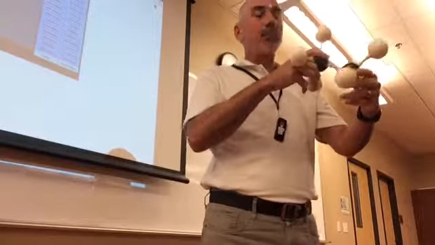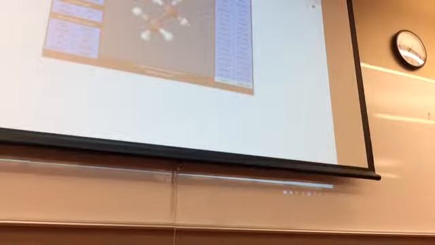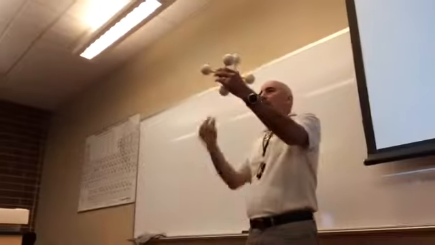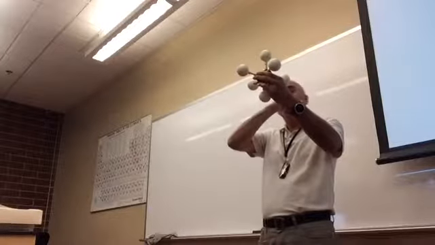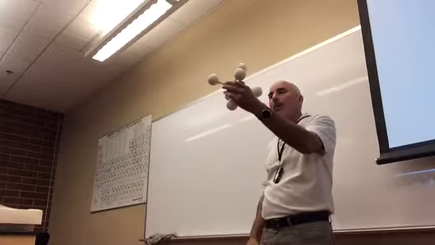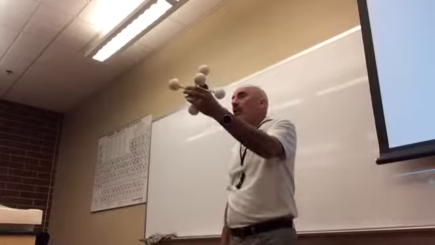Okay, so if you put ethane in this form, I'm going to make it kind of look down the middle of it. You can put it to where all of the hydrogens are as far away from each other as possible, right? That's one structure.